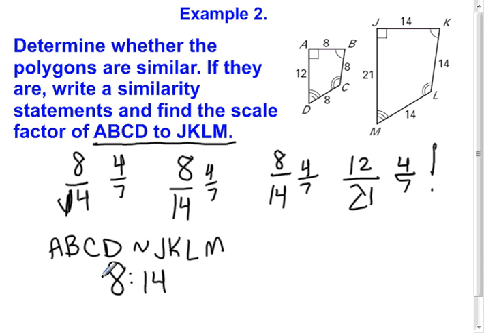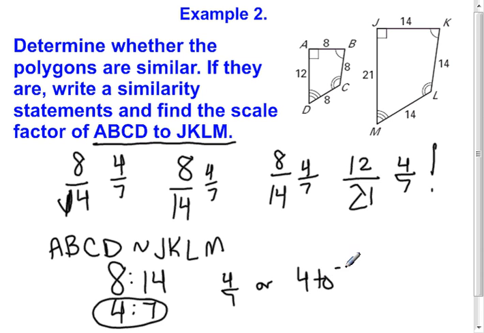Take a side length of ABCD, a side length of JKLM. Alright, or we can reduce it. It would be 4 to 7. Alright, you can write it like that, remember? You could also write it as this, or you can also write it as 4 to 7. So the scale factor of ABCD to JKLM, the order matters here.